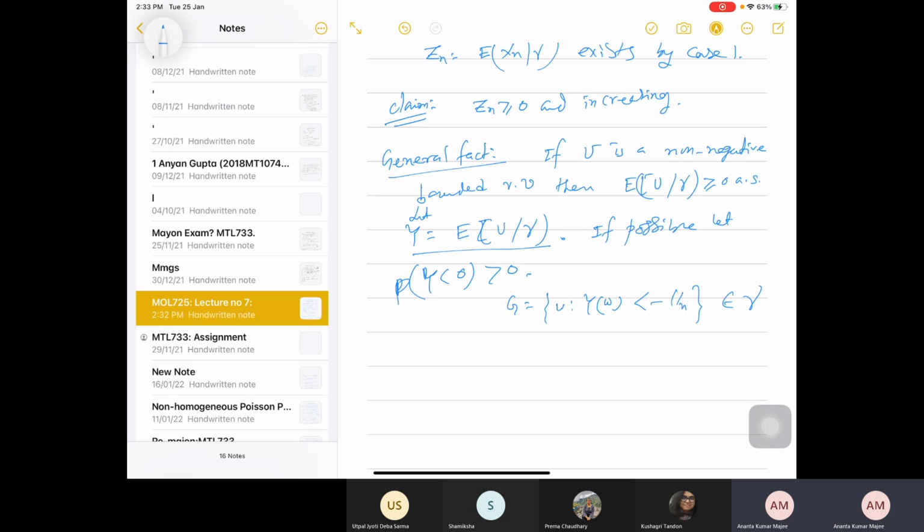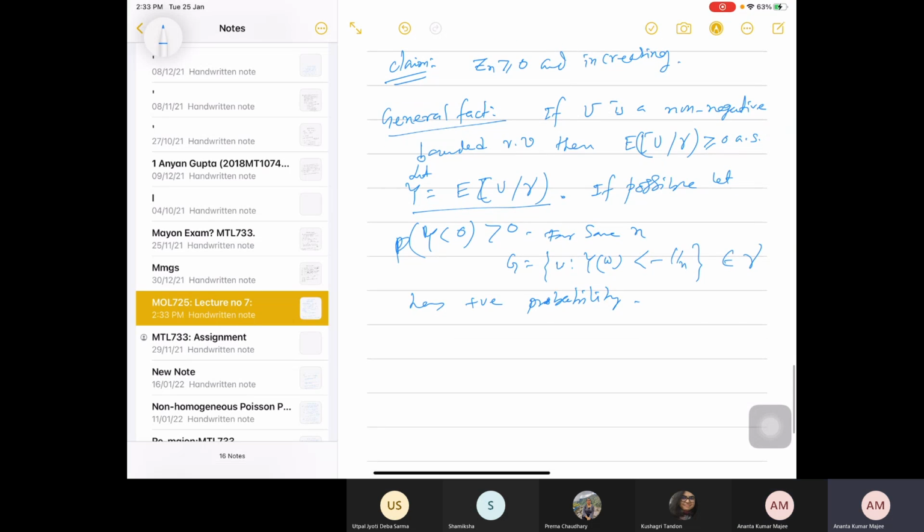This is in nu, because y is nu measurable and so this set should be nu measurable. Now this has positive measure. So for some n, g_n has positive probability. That is because the probability of y less than 0 is positive, which means that for at least some n, I have this quantity.